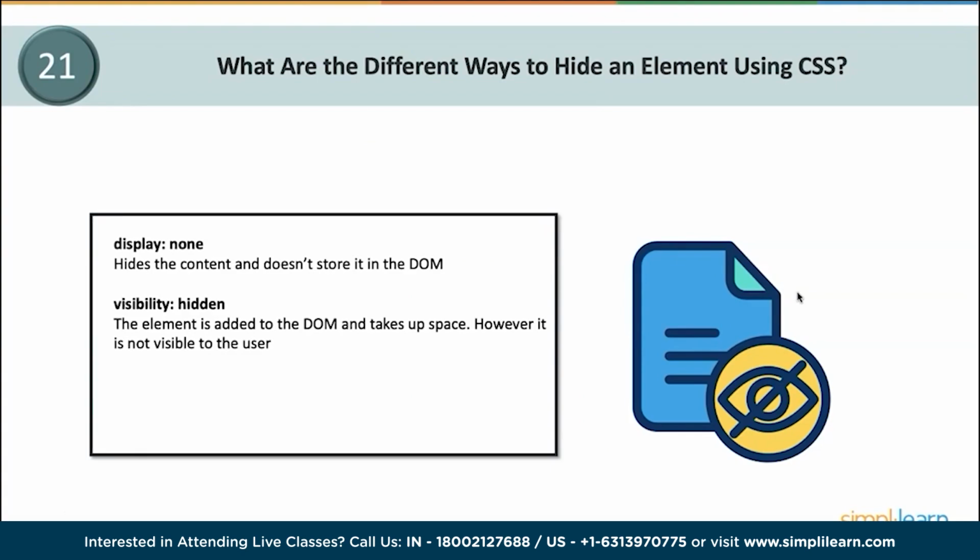But the element is not visible to the user, yet it is added to the DOM and takes up space. In display none, it doesn't load in the DOM. So when you want to talk about performance, display none is anytime better. And the second is position absolute, which can be used to make the element appear outside the screen. So three different options are available.